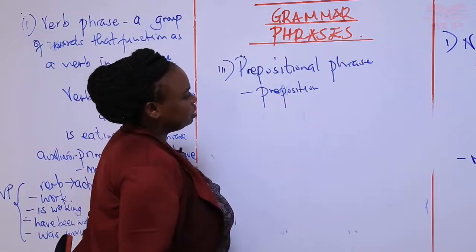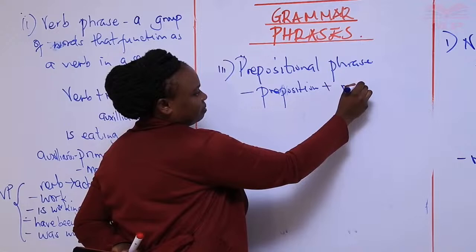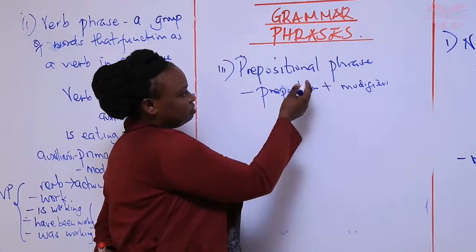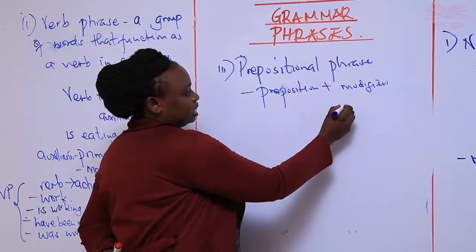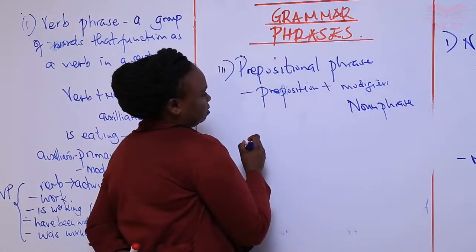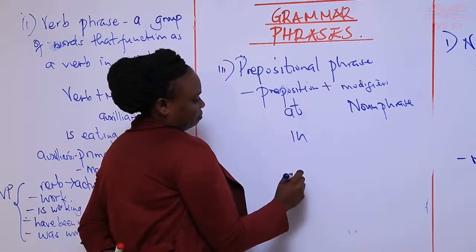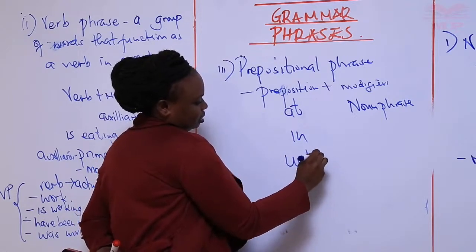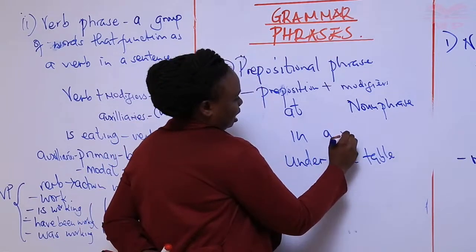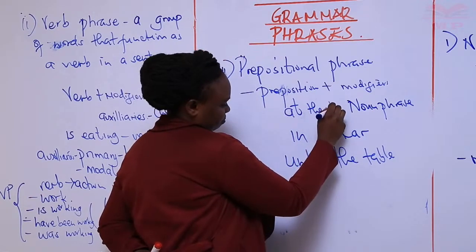It will contain the head word, which is the preposition, and its modifiers. The modifiers of a preposition are the noun phrases. So that we can have, for example, a preposition like at, or in, or under. So: under the table, in a car, at the cinema.